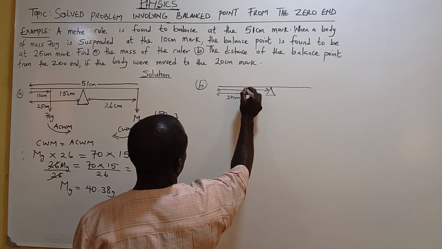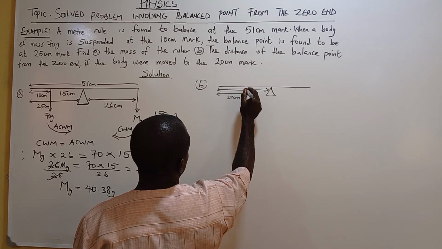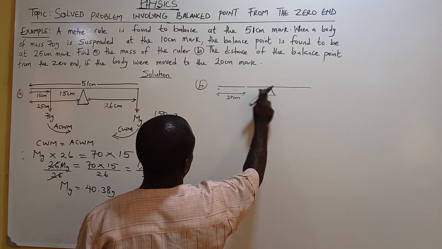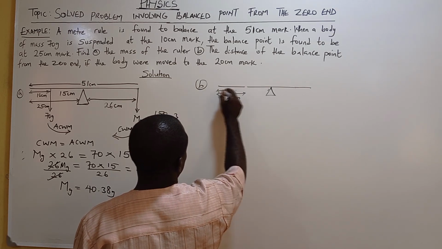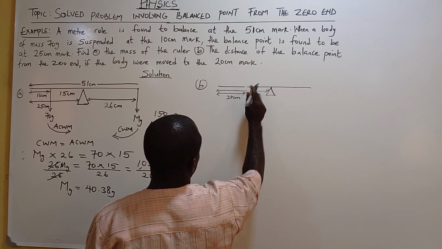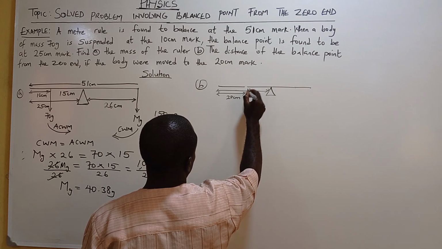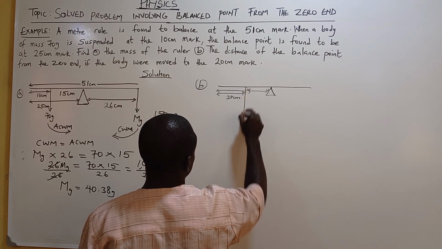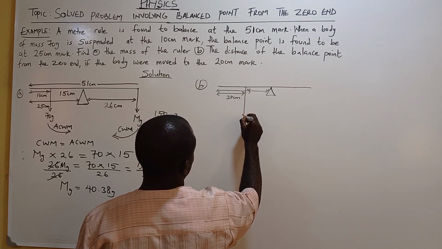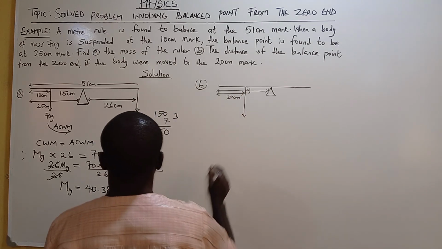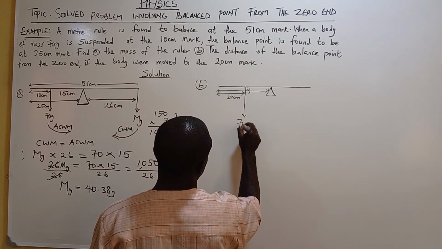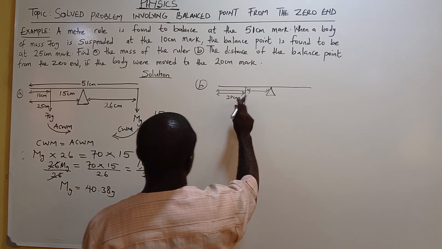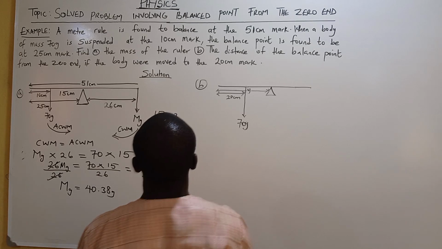We don't know the balance point, so let's call it y. The body were moved to this point, and it's still 70 gram. Instead of being at 10, it was moved to the 20 centimeter mark.